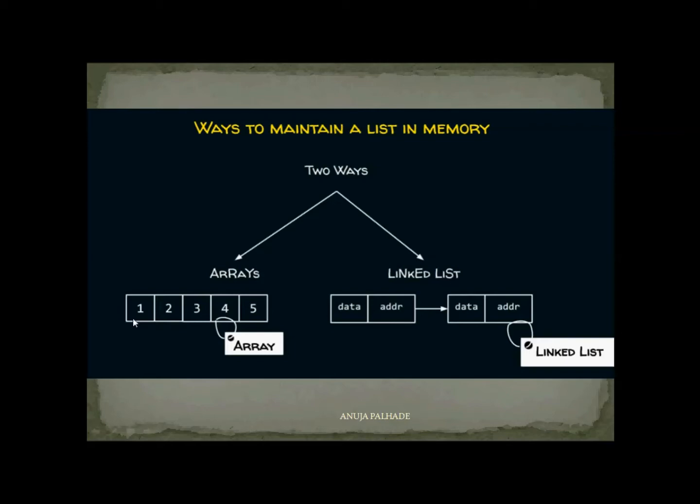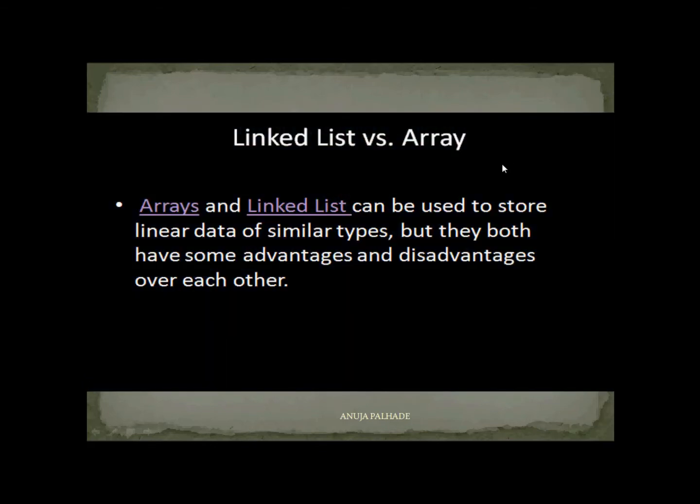I want to say in an array, if the address of this data is 1, the next may be 4, then it may be 8, it may be 12. Unlike arrays, here the first node of the linked list address may be 2000, and the next may be 8002. Here is some difference.